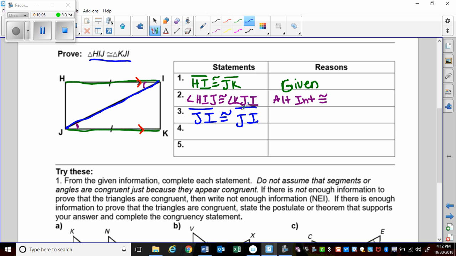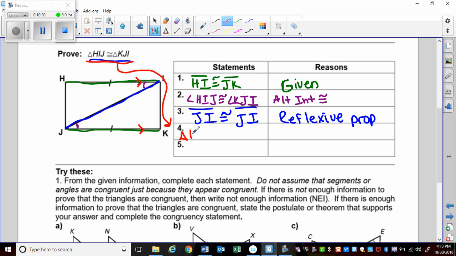We have to write it the same way. If a side is congruent to the same side, this is always going to be the reflexive property. I have 3 pieces of information. I'm done. My next step is to rewrite what they're trying to make us prove.